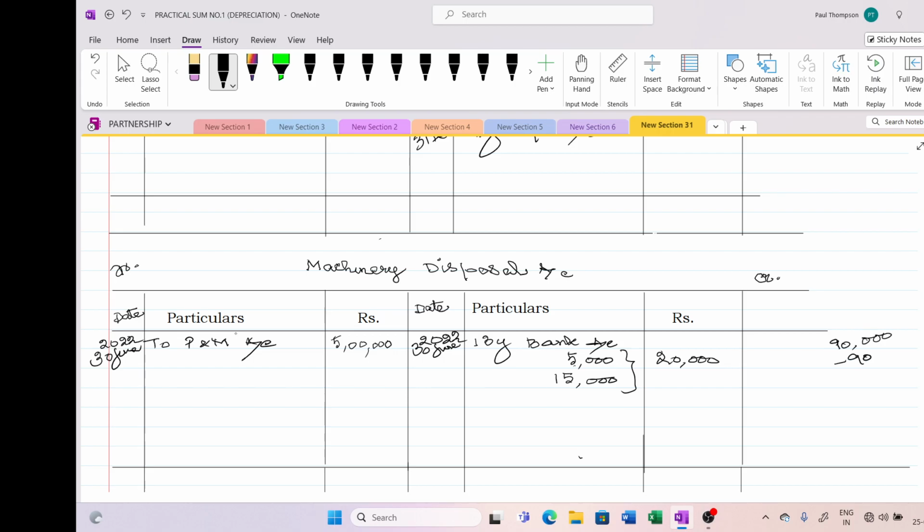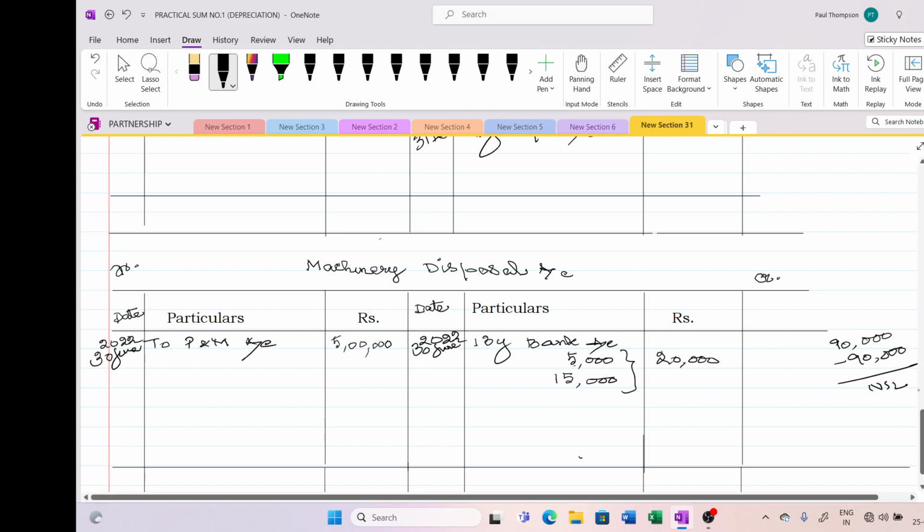So there is no book value, but still we got 5,000. This is the profit. But for this machine, the book value as on 31st December 22, I've already shown you, 24,000. This is sold for 15,000. So there is a loss of 9,000.